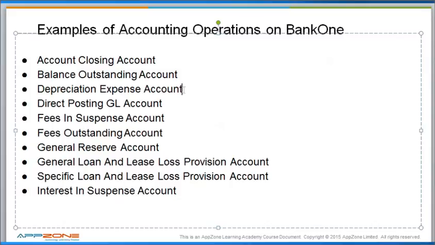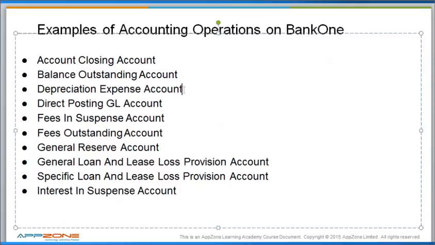buys, let's say, a motor vehicle, there will be an expected lifespan that the bank wants to use the vehicle, let's say 5 years. For every month the bank used that vehicle, the bank is expected to set aside an amount equivalent to let's say 10% or 20% of the value of the asset.